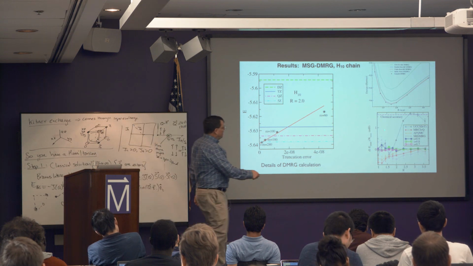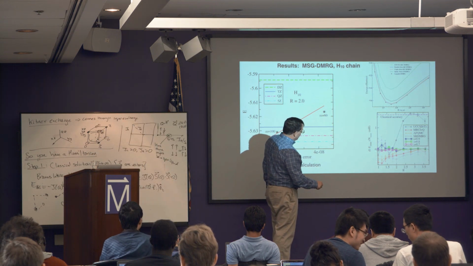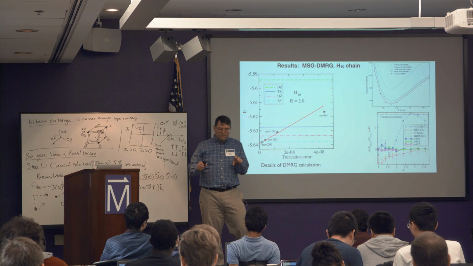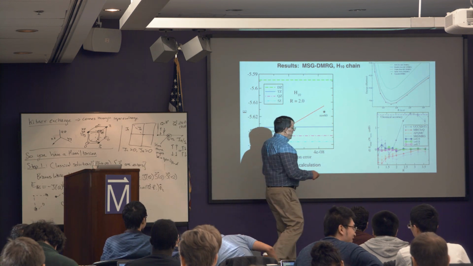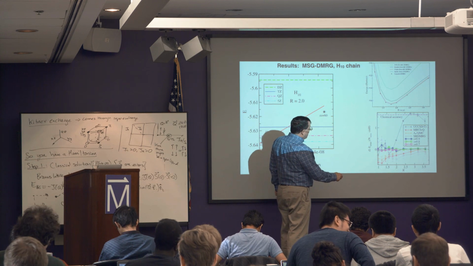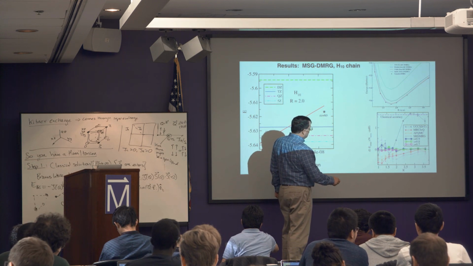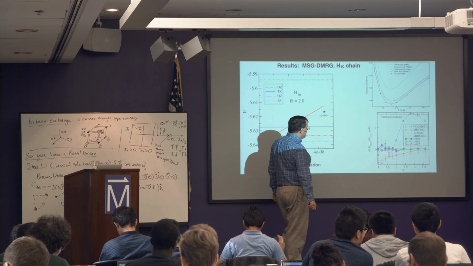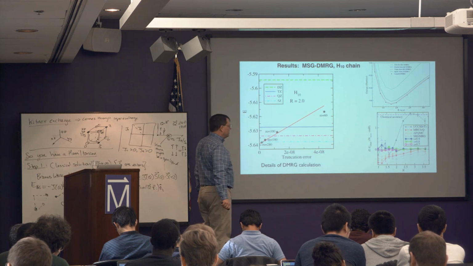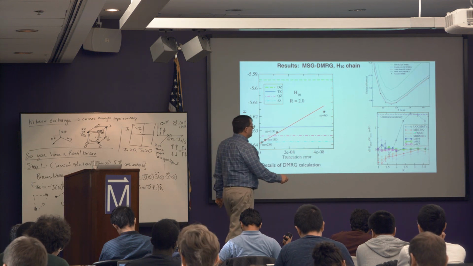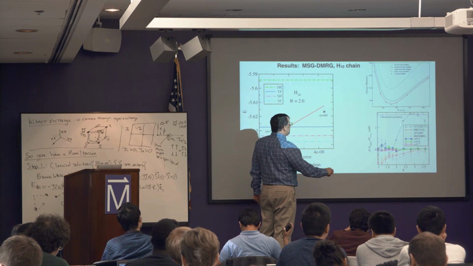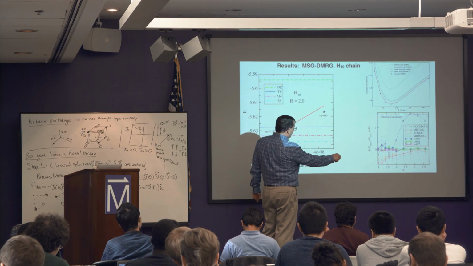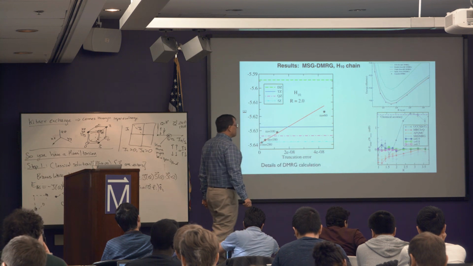Okay, so finally we have this comparison of the best results for H10 in this Simon's database. Okay, so we have an AFQMC, which has done really well. This MRCI plus Q quantum chemistry method has done very well. The unrestricted coupled cluster is not doing as well. Chemical accuracy is sort of setting the scale for this.